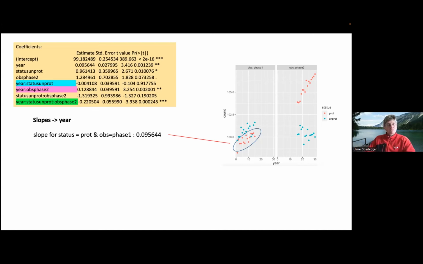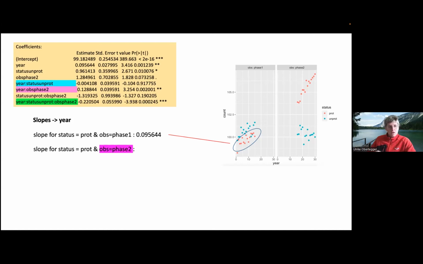Slopes are indicated with, also the thing that you have to take into consideration, there is always this year component, year and colon, and then the factor. This is the thing that should attract your attention. And these are the numbers that we have to consider.